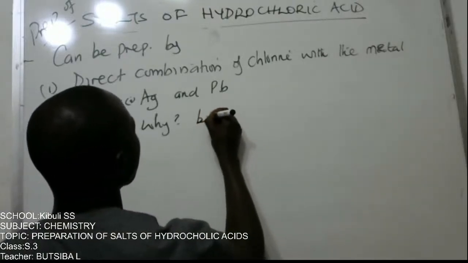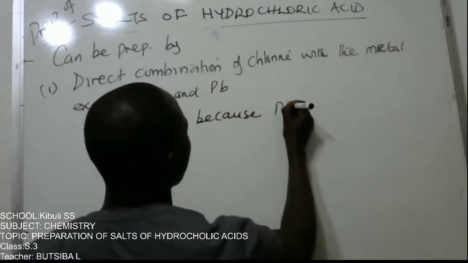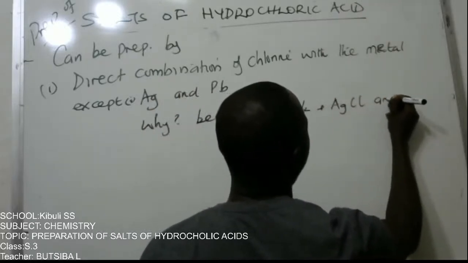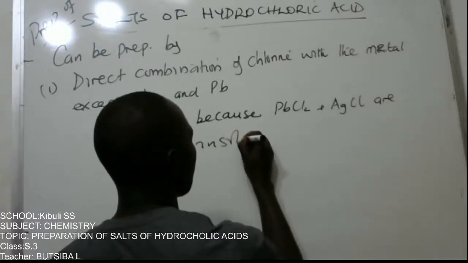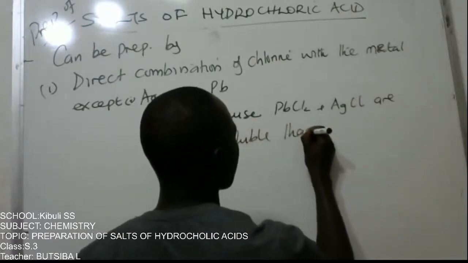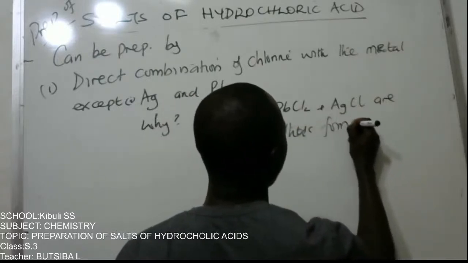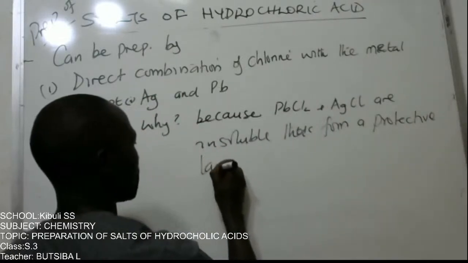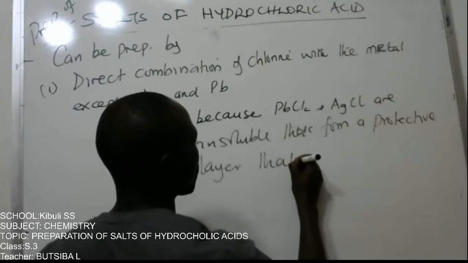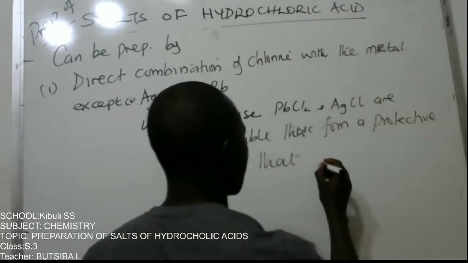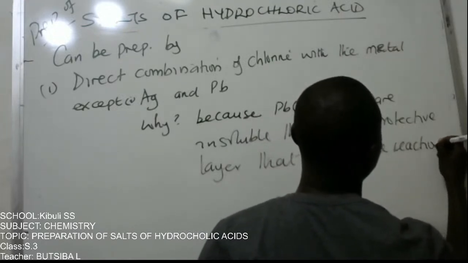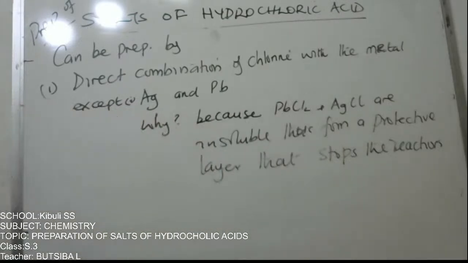This is because lead 2 chloride and silver chloride are insoluble, thus form a protective layer that stops the reaction. So we are ruling that one out. The rest we shall combine.